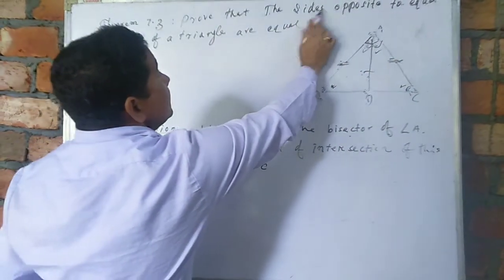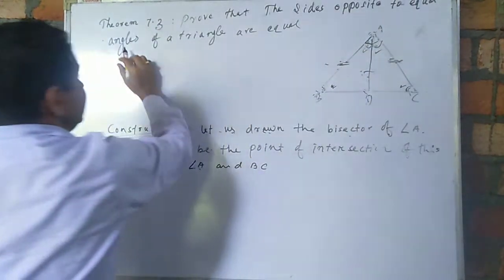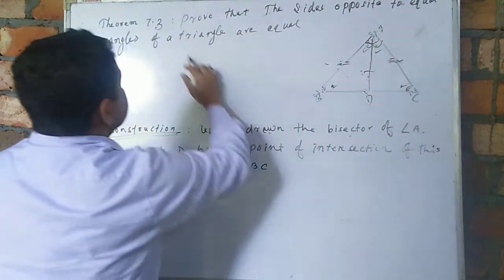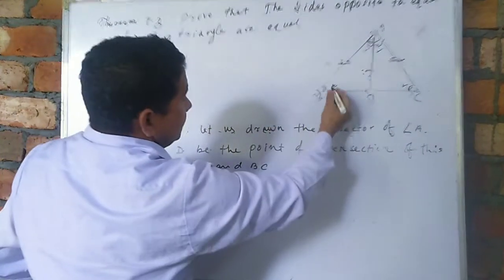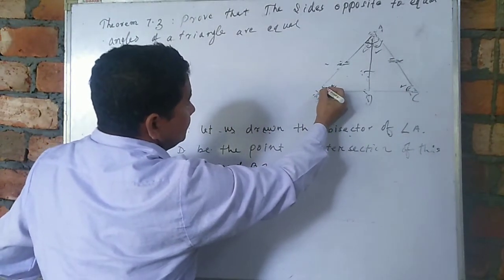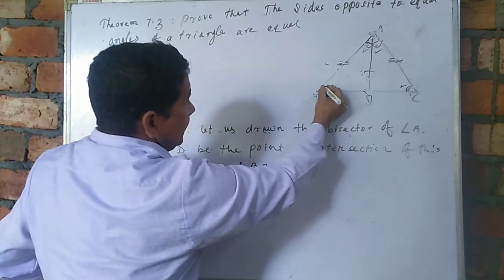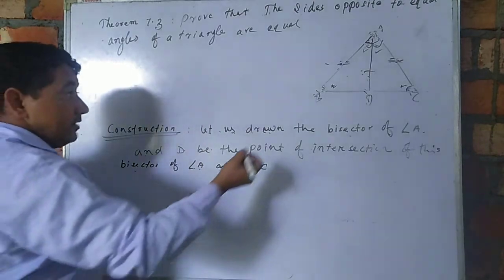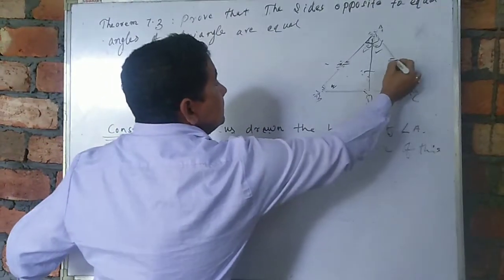Suppose triangle ABC is given, with angle B and angle C equal, and you have to prove AB equal to AC.